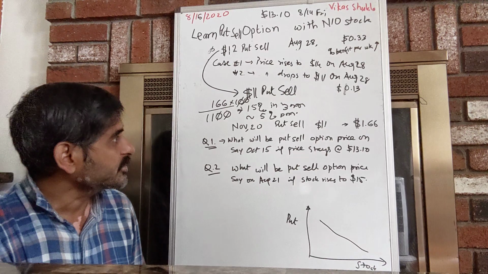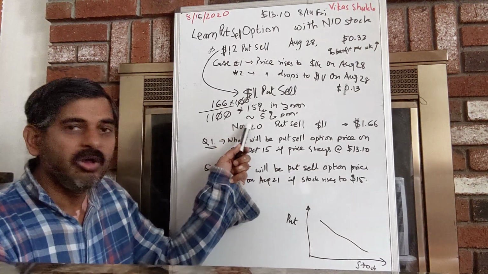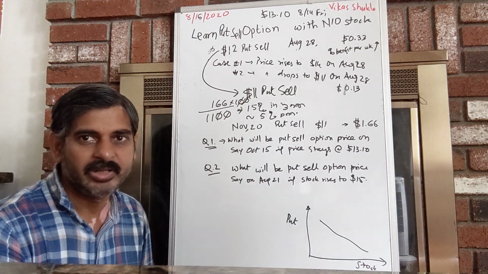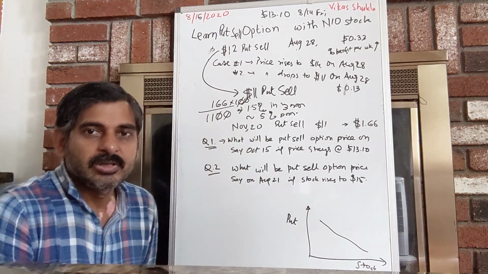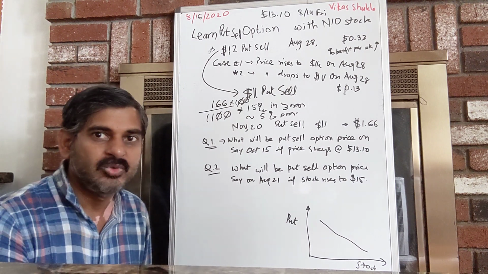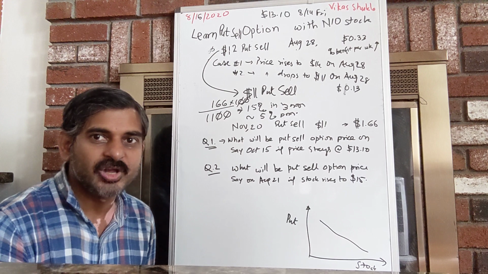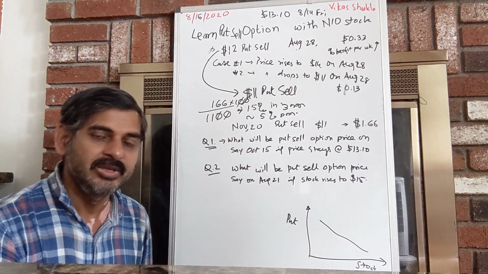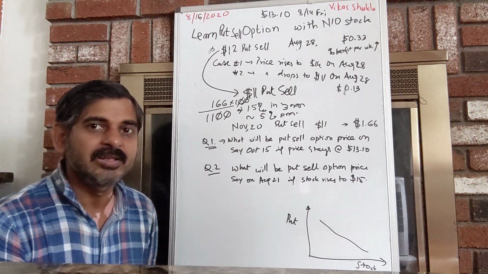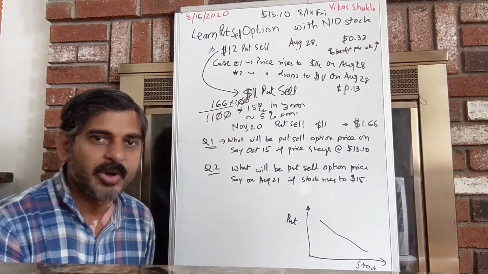So now the question I was going to get to: it's not necessary to wait all the way until November 20th. You sold the put, you could buy this put back. And to understand this concept, and that's where beginners struggle, they think that they need to wait all the way until the exercise date to take a profit.